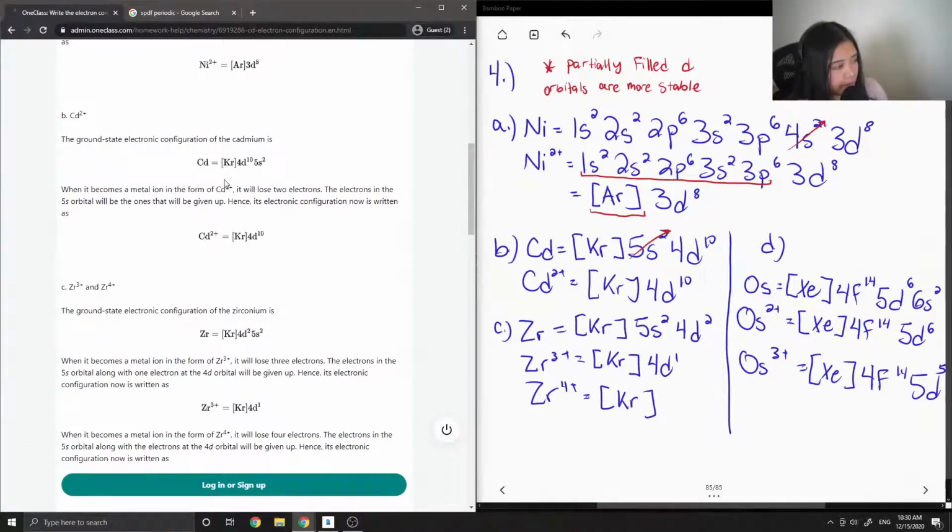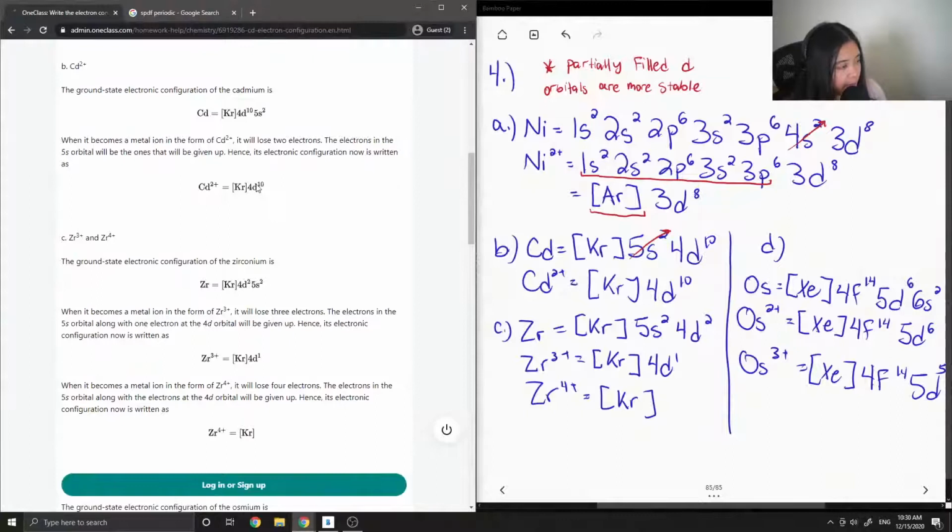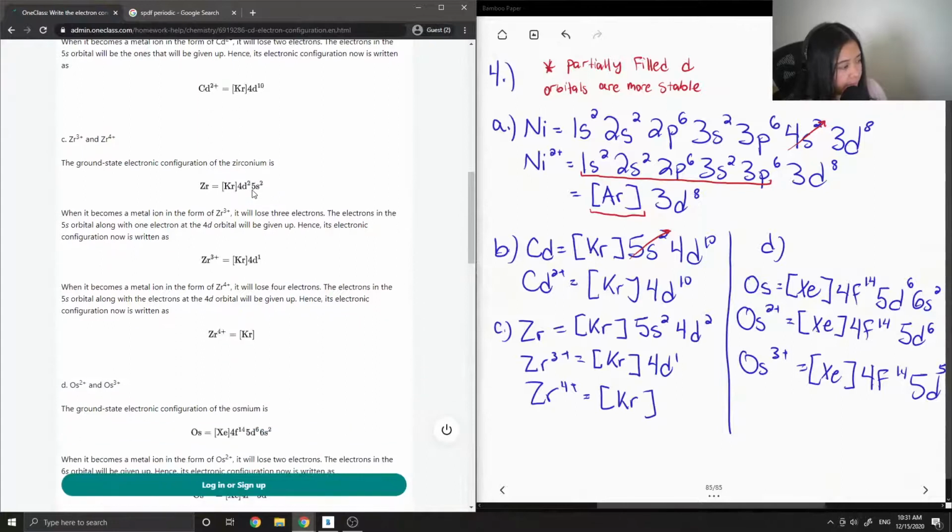For cadmium 2+, they have cadmium, krypton 4d10 5s2. When it loses 2 electrons, it is now krypton 4d10.